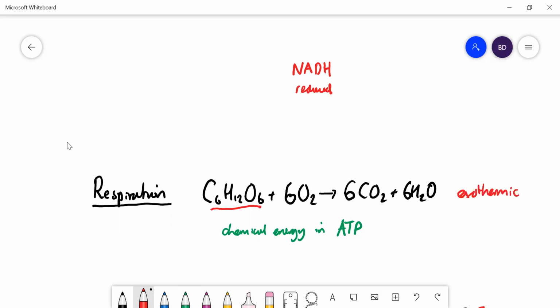When it's oxidized, it's written usually as NAD+, it's got a positive charge on it. And the oxidized form does not have much chemical energy in there. So that's low chemical energy. But the reduced form, it's got a lot of chemical energy.